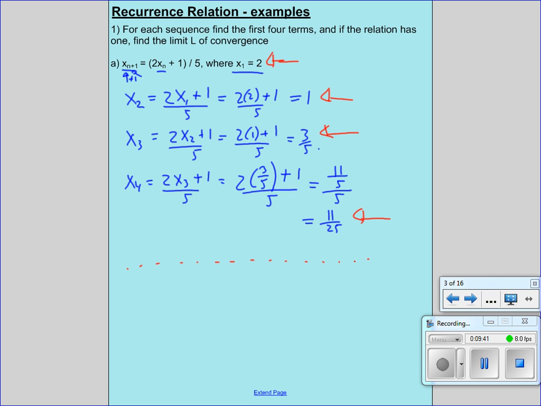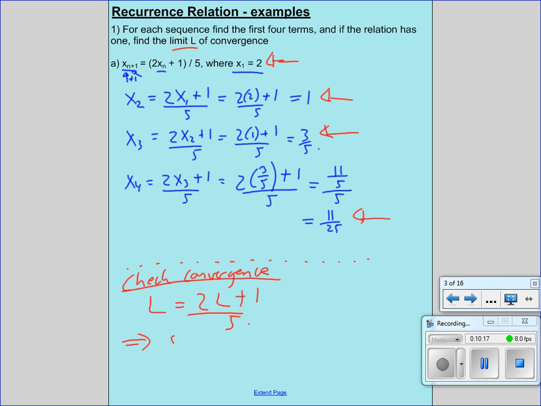Now the way to prove that algebraically is to use this notation of the limit L. And what we can do is replace all xn or xn plus 1 by L. So check convergence, and if we get a value for L, then it must converge to a limit. So let's replace L's for our xn plus 1 equals 2xn, so 2L now, plus 1 divided by 5.